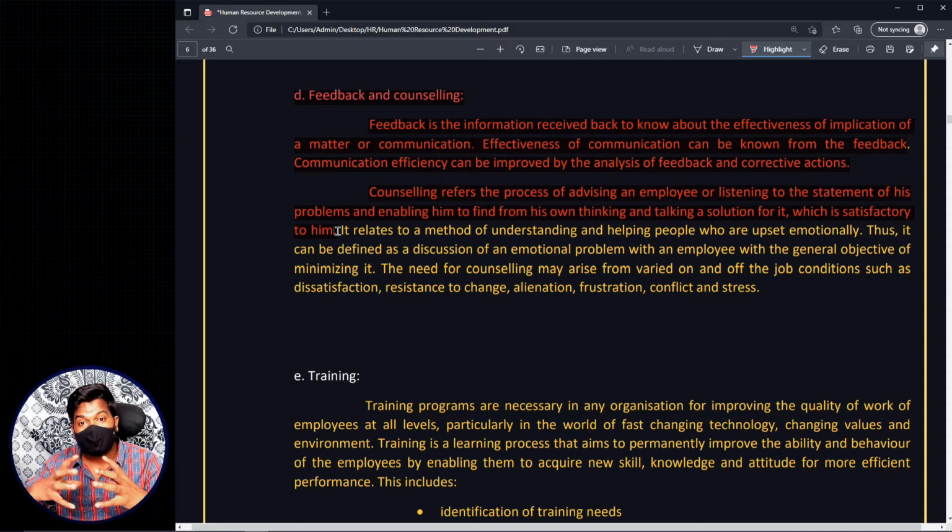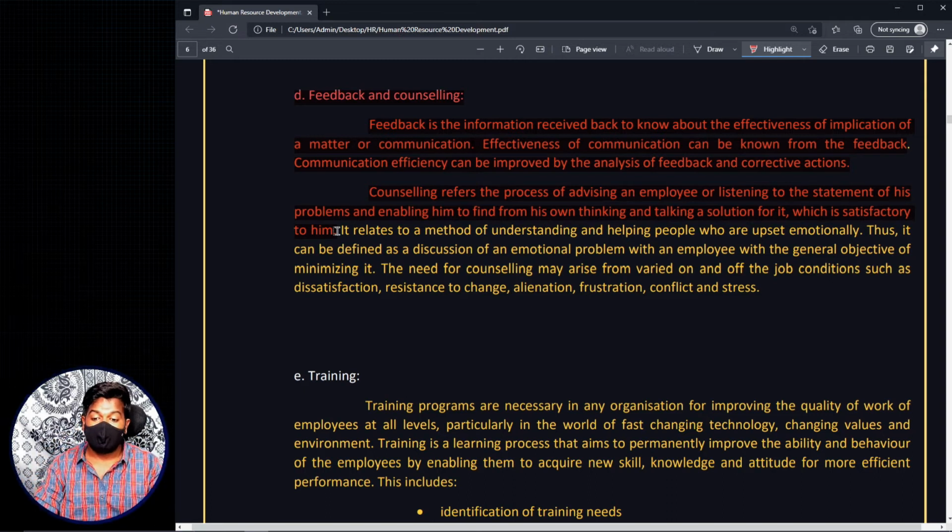That's why you will read in different sources that counseling is satisfactory to the troubled employee. We cannot say that every employee who undergoes counseling will come out satisfied, but in most cases this happens.